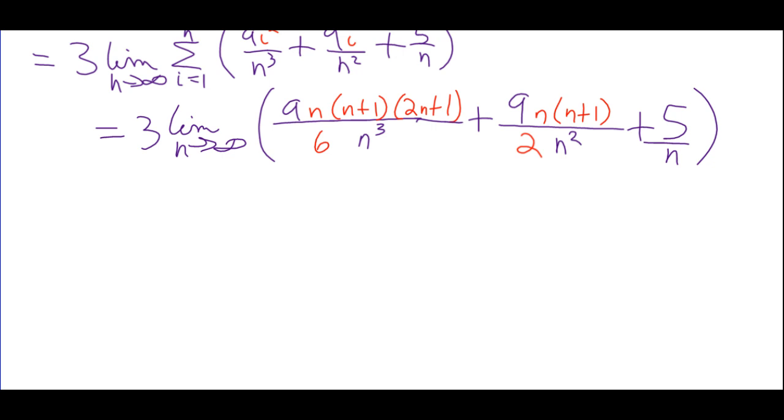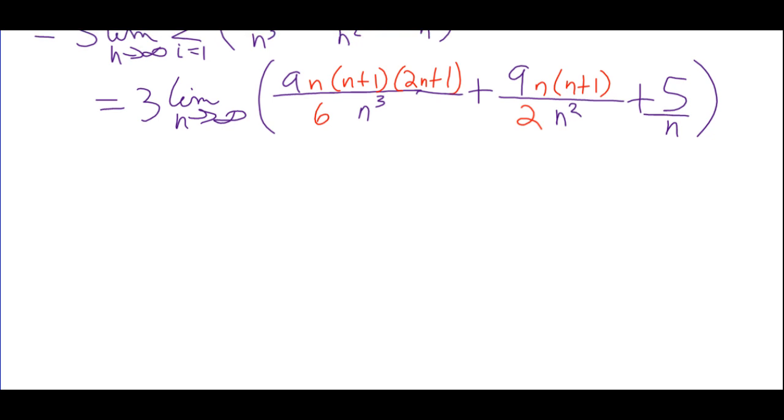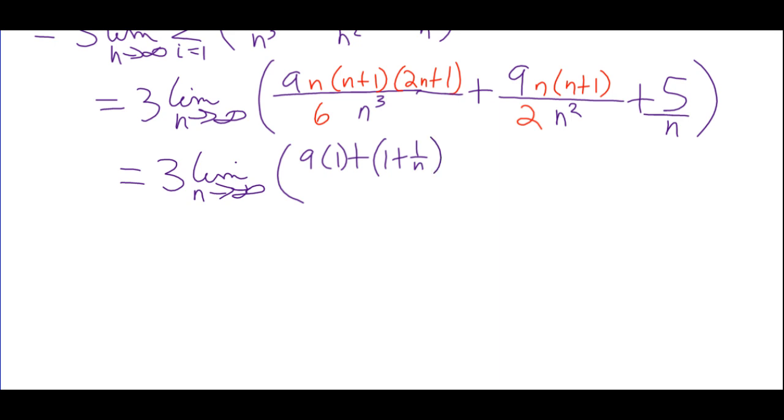Okay, so where do we go from here? We're not doing the sum anymore, so we replace the sum with these expressions. So we've got 3 times the limit as n approaches infinity of 9 times 1 plus 1 over n, 2 plus 1 over n.